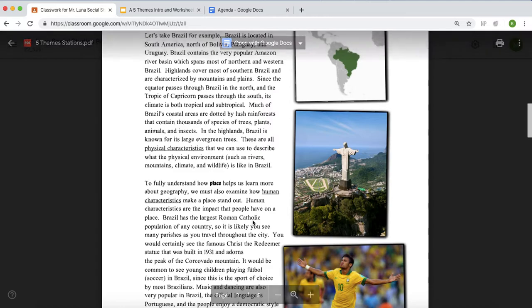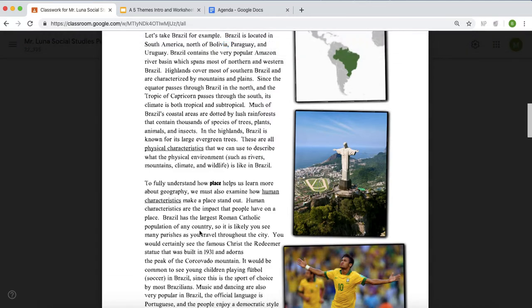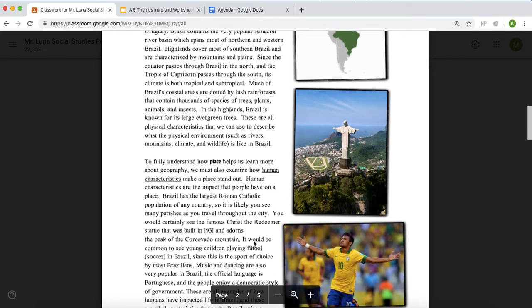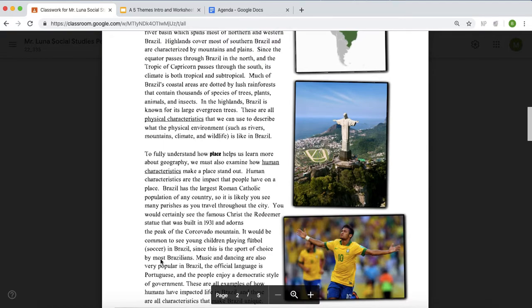Brazil has the largest Roman Catholic population of any country. So you could say a human characteristic of Brazil is that they have the largest Roman Catholic population of any country. You could also say that it is common to see young children playing football, otherwise known as soccer, in Brazil, since this is the sport of choice by most Brazilians.